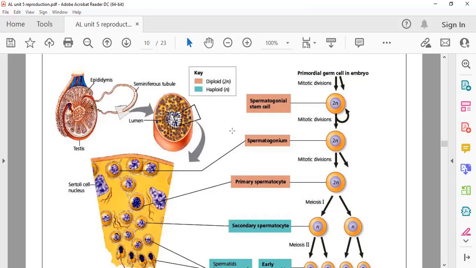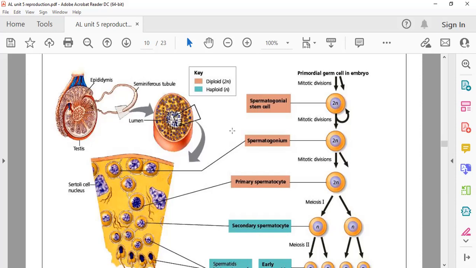Spermatogonial stem cells will undergo repeated mitosis and produce spermatogonia. Spermatogonial stem cells are already in the male fetus.